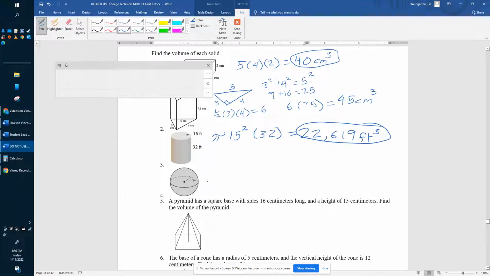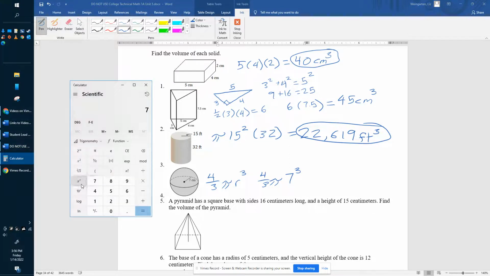How about this sphere? 4/3 pi r cubed. So what's r? 7. So 4/3 pi times 7 cubed. What's 7 cubed?